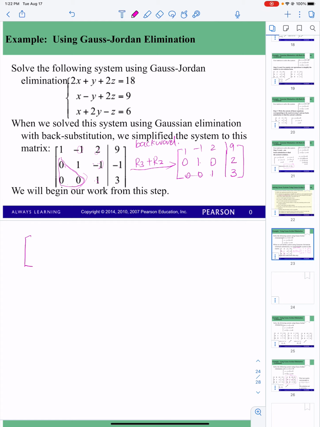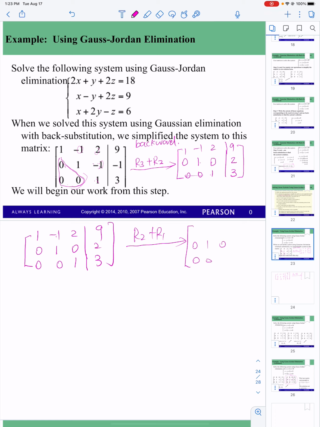So 1, negative 1, 2, 9, 0, 1, 0, 2, 0, 0, 1, 3. Okay, so what do we want here? How could you make this to be 0? The second row, R2 plus R1. That will make it 0. So it's 0, 1, 0, 2, 0, 0, 1, 3. So R2 and R1, what will you get?